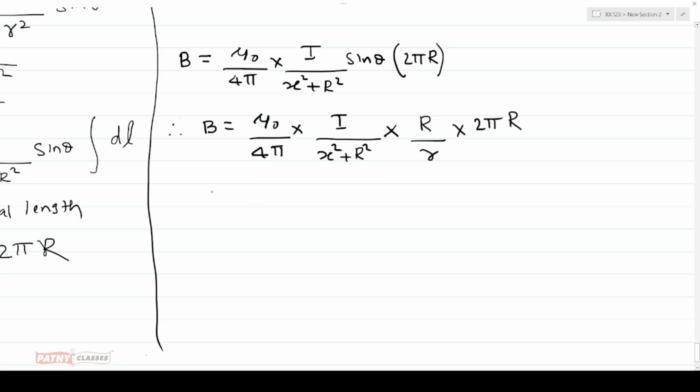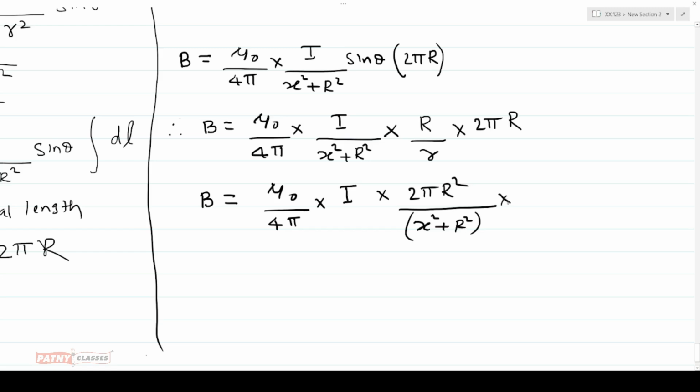Now we need to simplify this. So B equals mu naught upon 4 pi as it is, I is as it is. Here is 2 pi r square divided by x square plus r square into 1 upon small r.